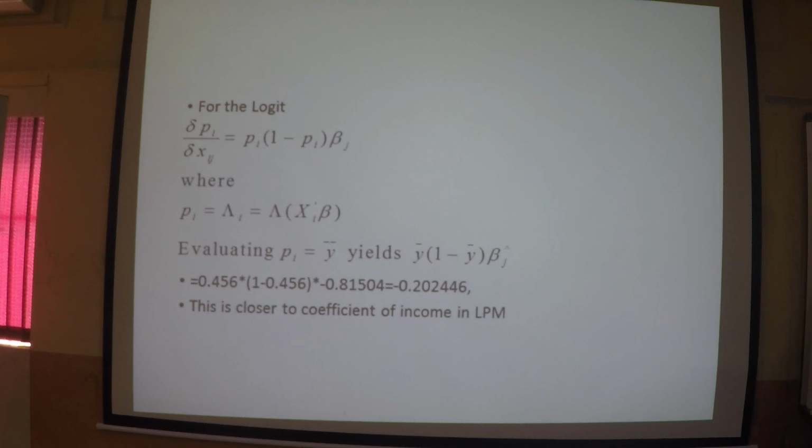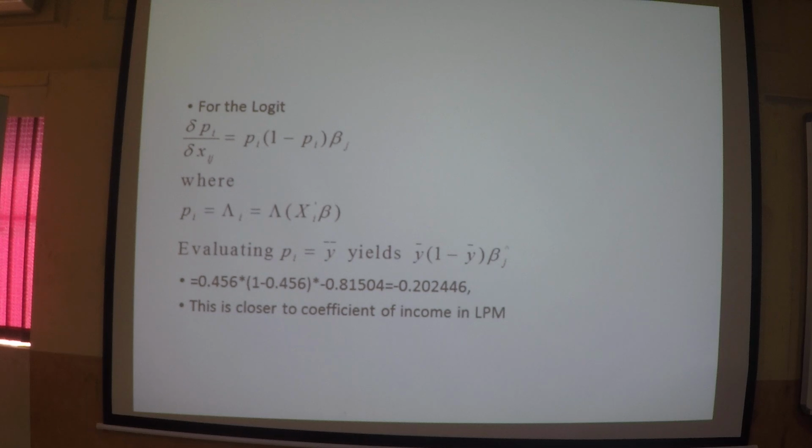So this is e raised to xi beta into 1 plus e raised to xi beta minus e raised to xi beta upon 1 plus e raised to xi beta, right? This is e raised to xi beta into 1 upon 1 plus e raised to xi beta, right? So now you have to do a chain rule and solve.